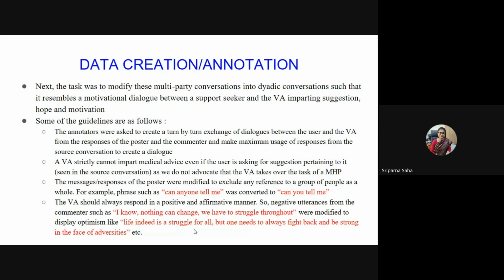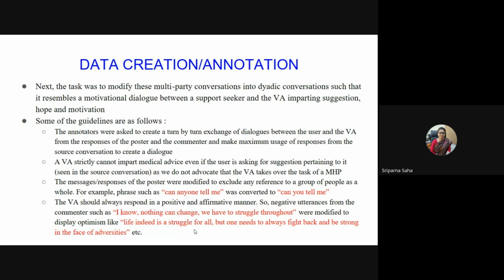We consulted a doctor who practices at AIIMS Patna. Dr. Pankaj Kumar, who is the head of the psychiatry department at AIIMS Patna. Because we do not have the domain knowledge, we consulted him, and he suggested some annotation guidelines on how to convert the multi-party conversations we crawled into dyadic conversations.